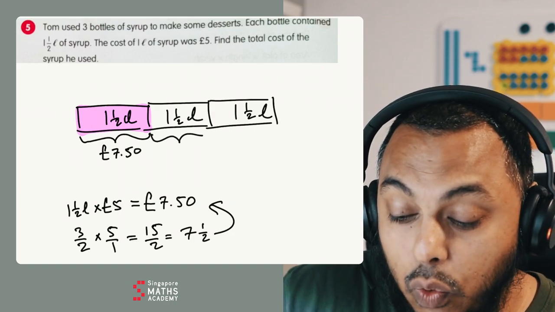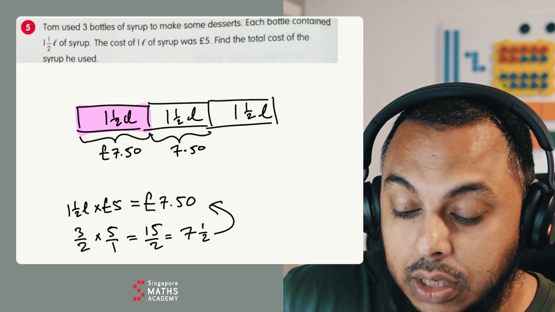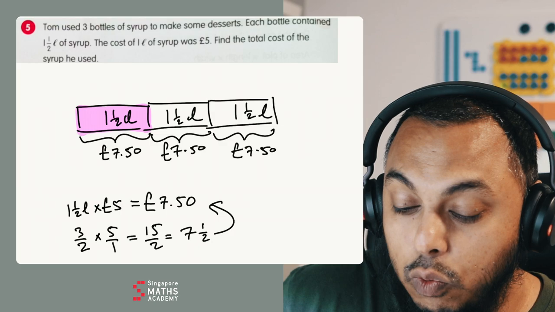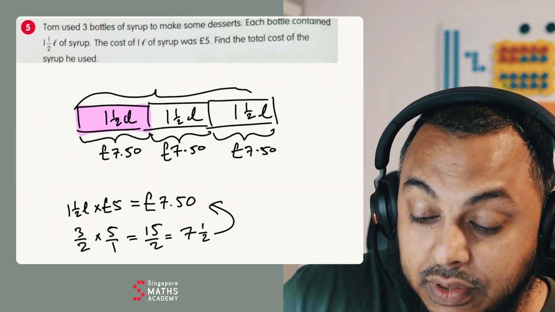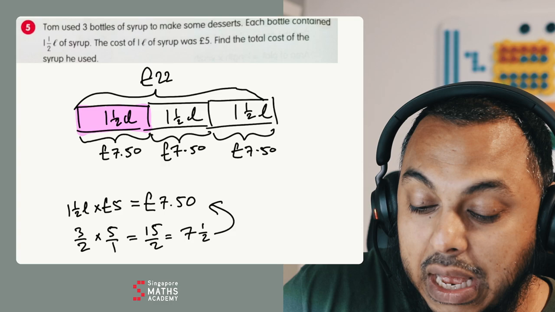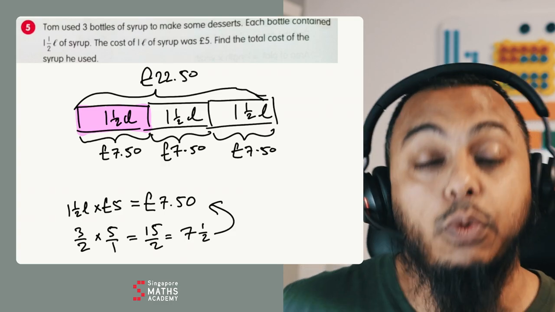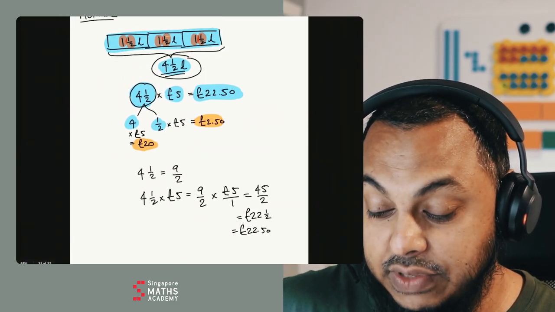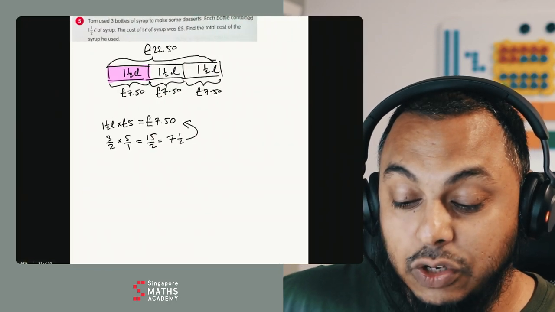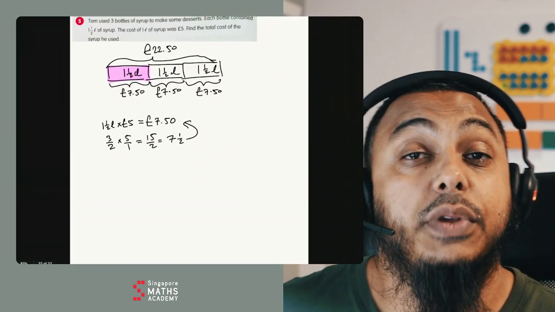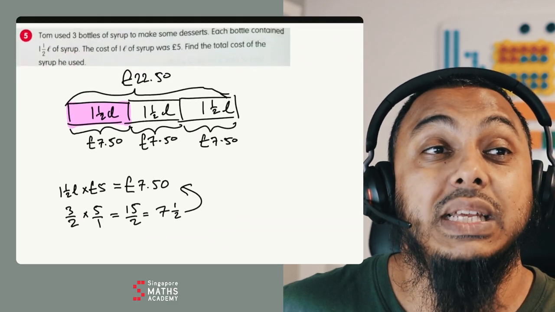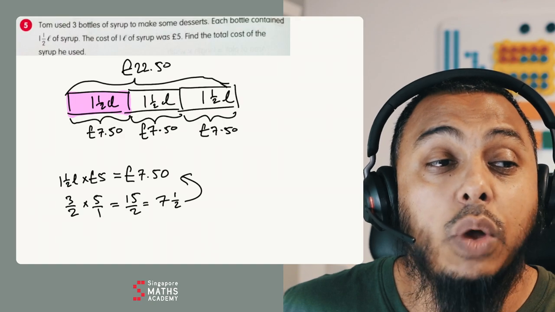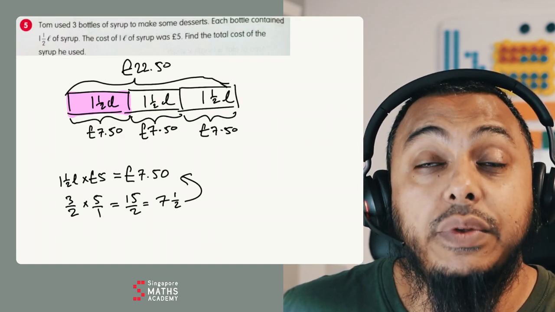And therefore, all 3 bottles must be £7.50 times 3, which altogether is £22.50, like we've got in our first method, right? £22.50 here as well, £22.50 here. No different, because we expect the same answer because it's the same question, right? So that's how we can solve this question by using 2 different methods.